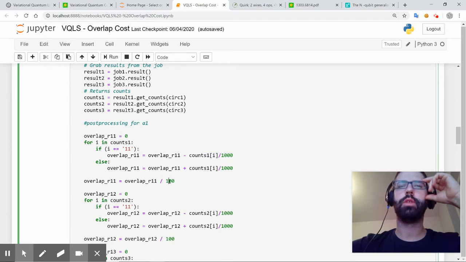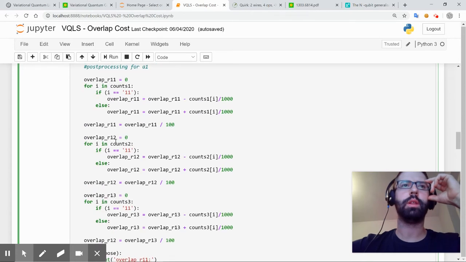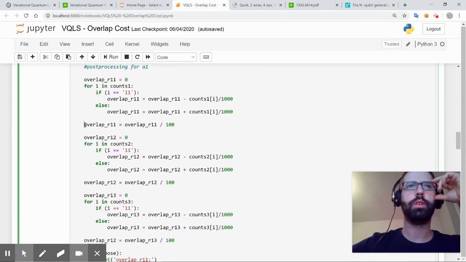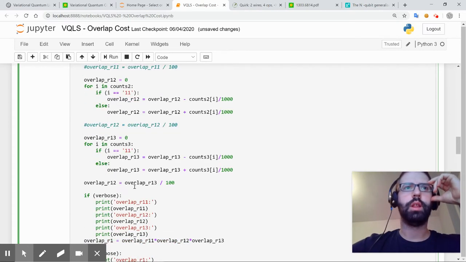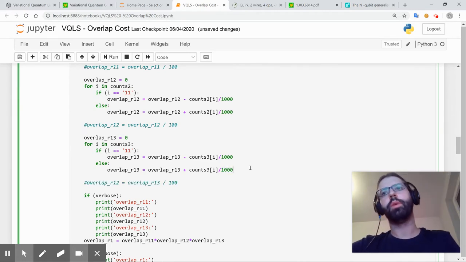So those things, I think that's the problem. Those things are not needed. I don't need to do these. I think that was something that I was dragging from the previous implementation where I didn't have these divided by 1,000. Because then I was trying to just divide it by 100.